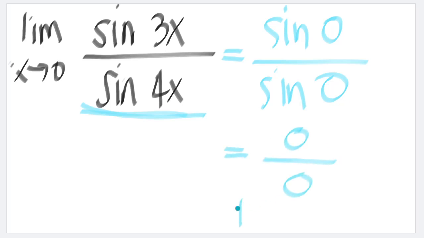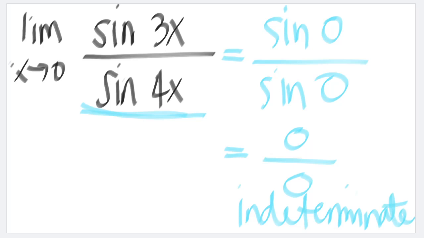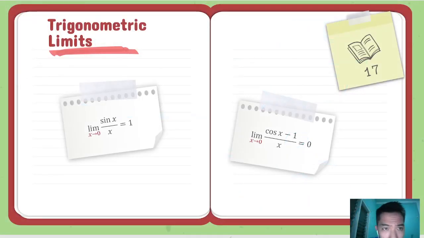This is indeterminate in nature. So what we will do now is take use of the trigonometric limit, limit of sine x all over x as x approaches 0 is equal to 1. Our approach, x approaches 0, satisfies this.